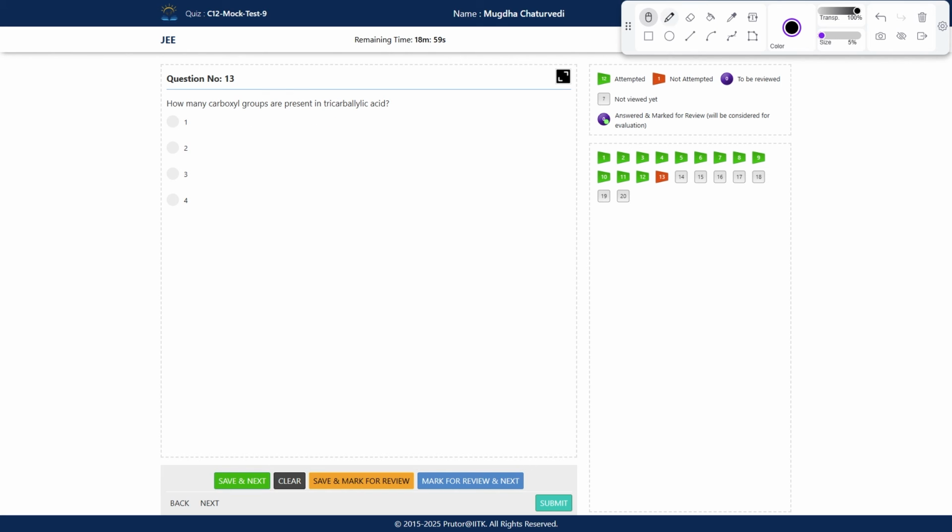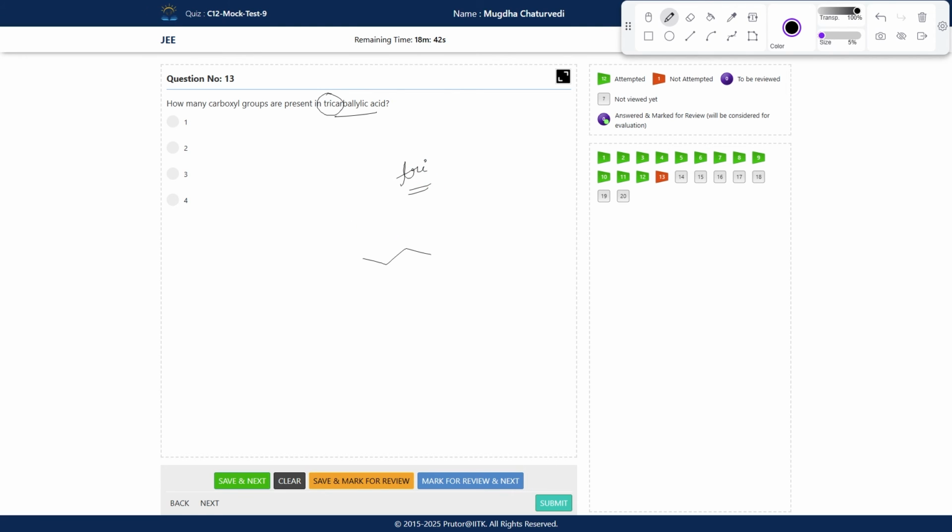Now we see the next one. It is asking how many carboxyl groups are present in tricarboxylic acid. If you see carefully, this tri is coming. So this tri itself indicates that 3 carboxyl groups are present.